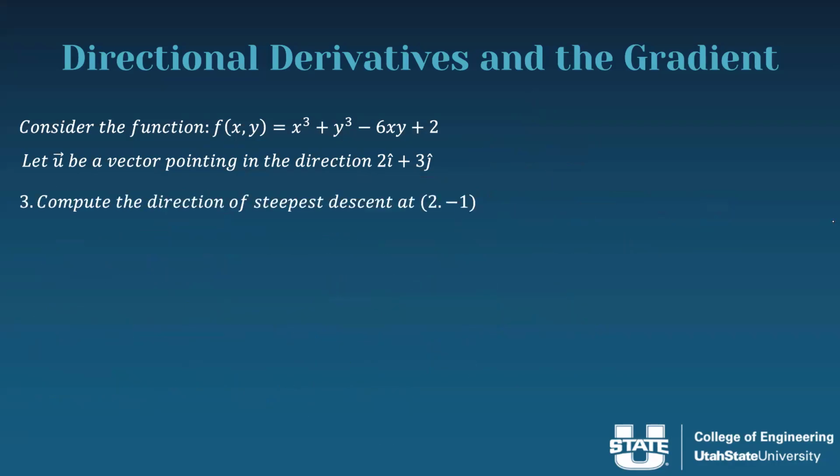That's the second part. Now we want to calculate the direction of steepest descent. And as we just talked about, the direction of steepest ascent and descent are in the same line as our gradient. But since we're wanting the descent, we're just going to multiply it by -1. So steepest descent is going to be the negative gradient of f at our point 2, minus 1.